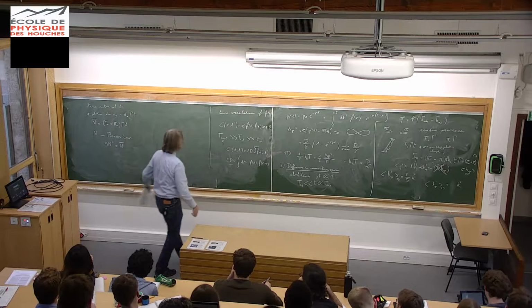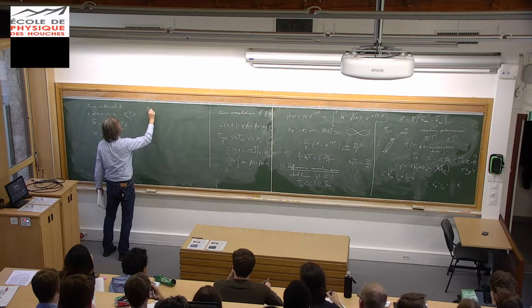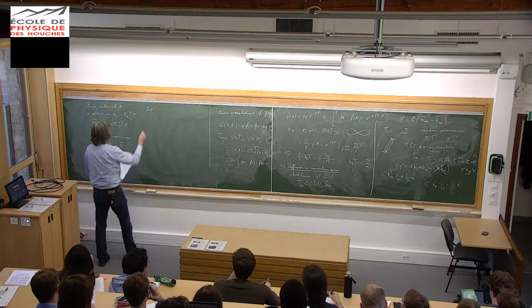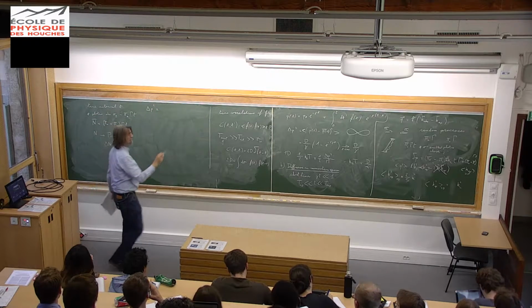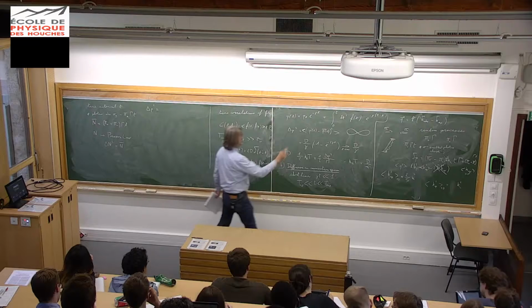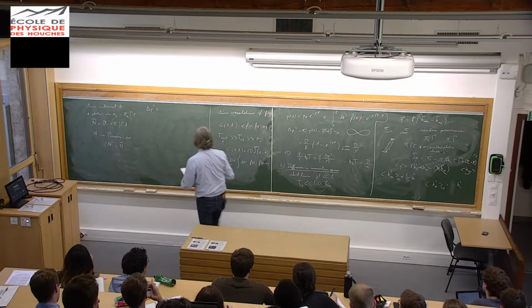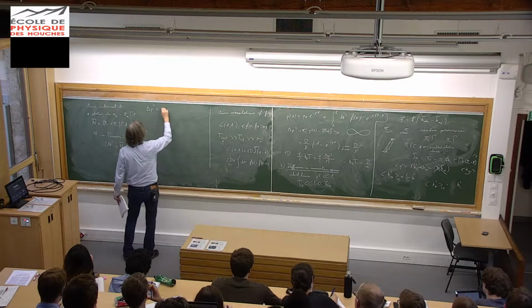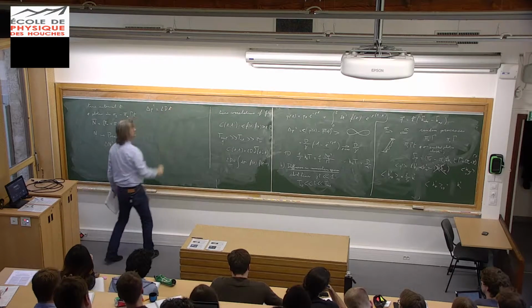And now I can compute everything. I am lucky, I can compute the variation of delta p squared, which according to this expression is just 2Dt.